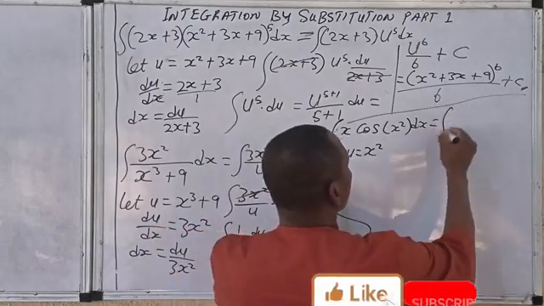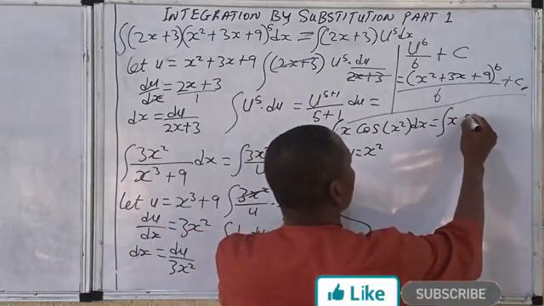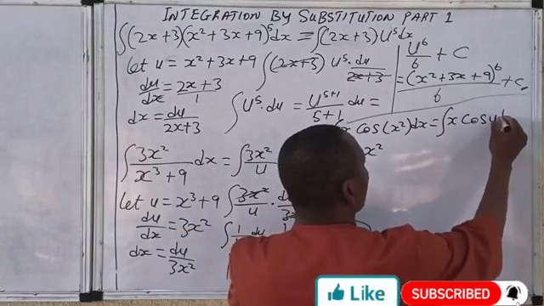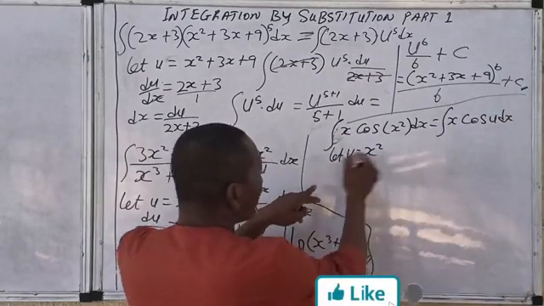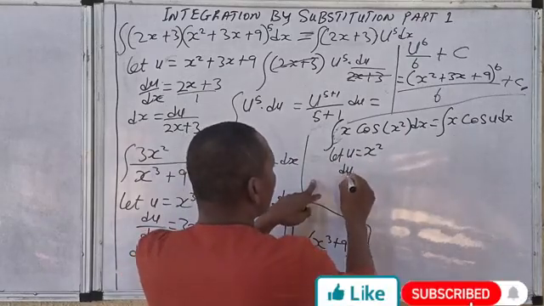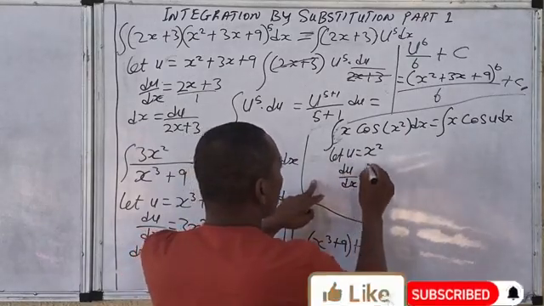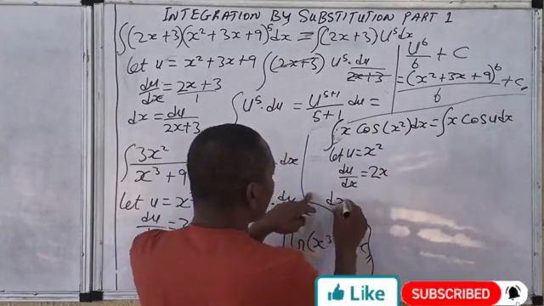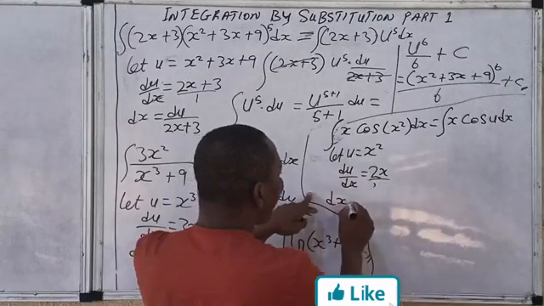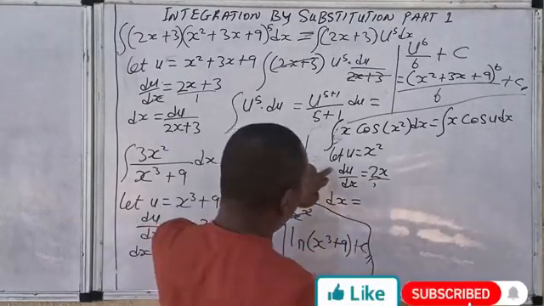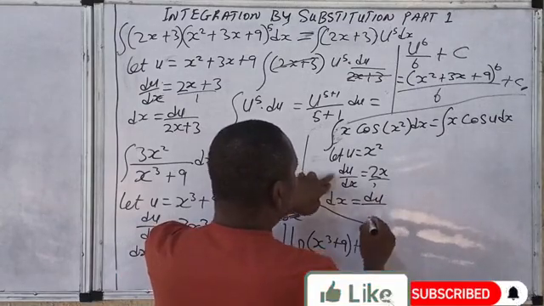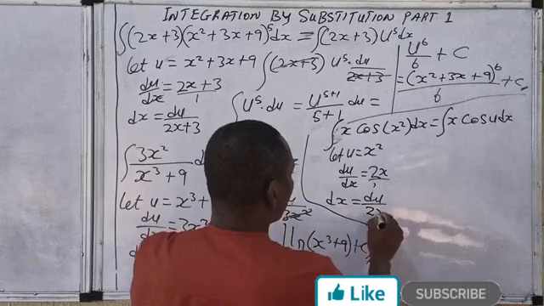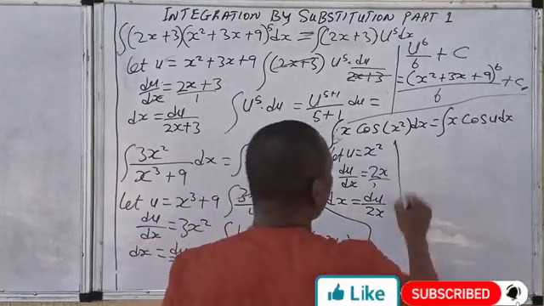So this becomes x cos u dx. If I differentiate both sides, I have du/dx is equal to 2x. Now let's make dx the subject of formula. So dx automatically becomes du all over 2x.